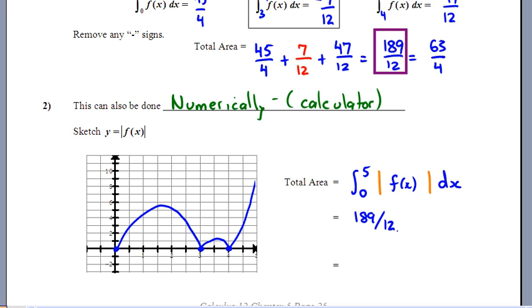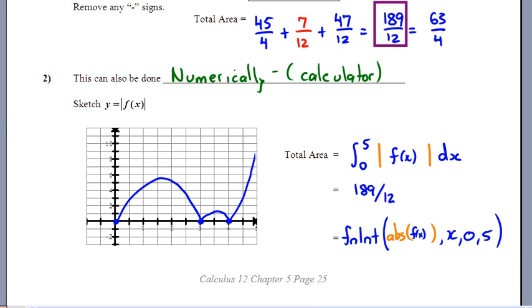Now, if you don't want to spend the time drawing the graph, and you just want to really quickly come up with an answer, you could have just gone to that numerical integration option, and then said, hey, I want to integrate the absolute value. I've got an old TI-83, right? So it's going to look like this. And then I could put my function in there, right? I could put my f of x in there, and then I would go x, 0, 5, right?